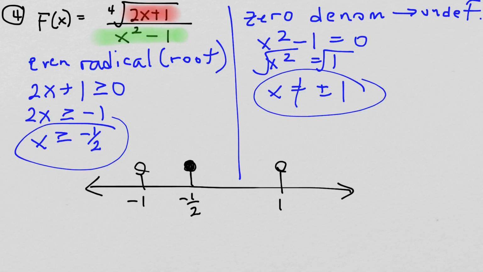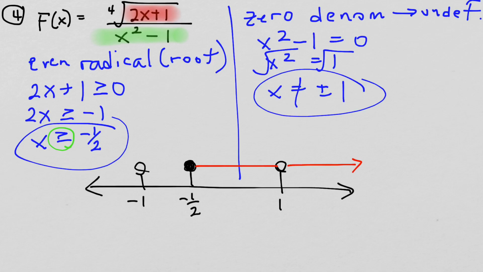I've got that little line here, so that's okay to be -1/2. But then we've got this inequality symbol here. So this says x has got to be greater than or equal to -1/2. Okay, so only on this side.